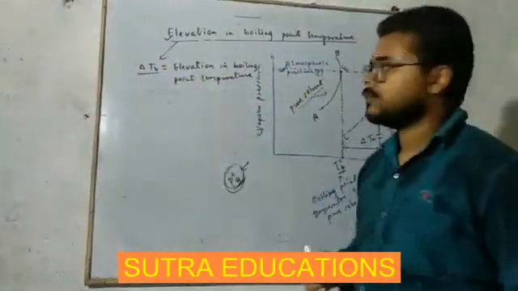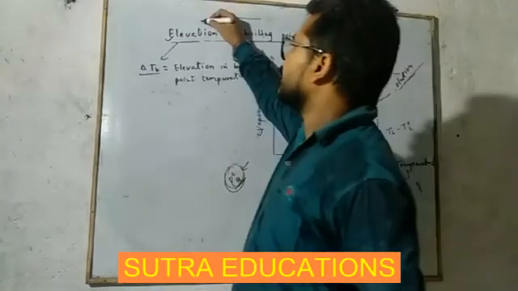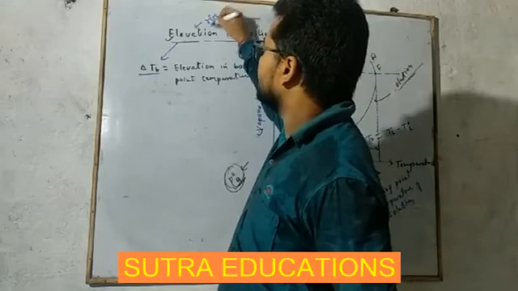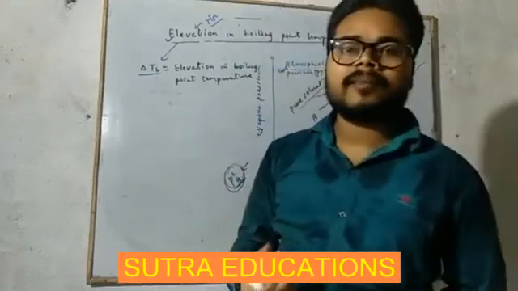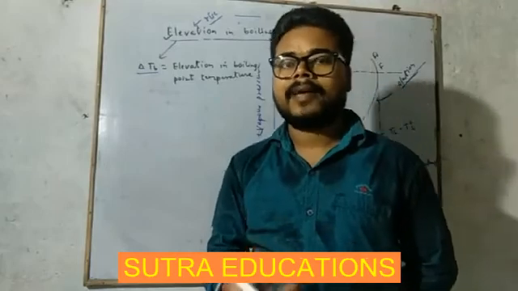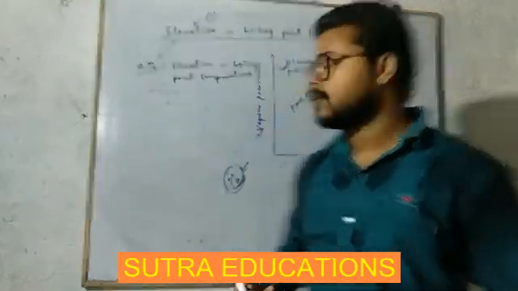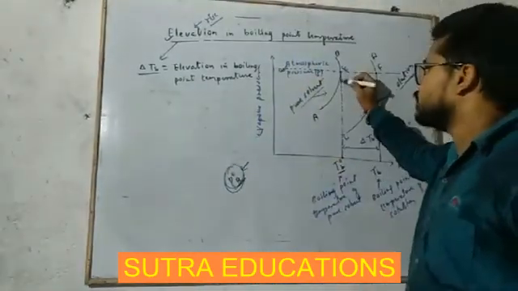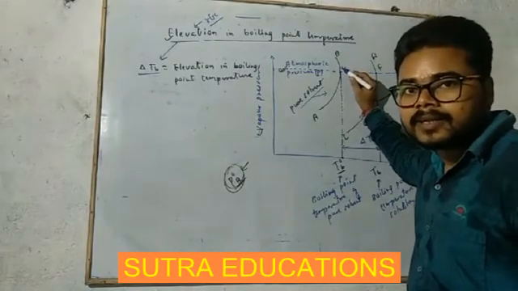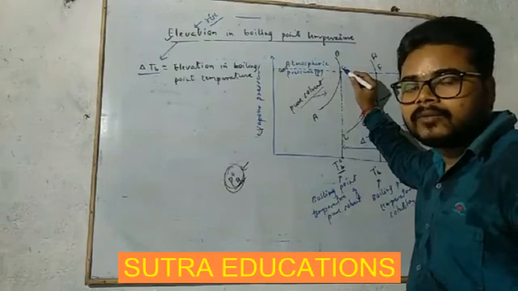Got it? Elevation means what? Rise. Elevation means rise in boiling point temperature has taken place. How? Initially it is present in pure state, only liquid is present, so it will form more vapors.